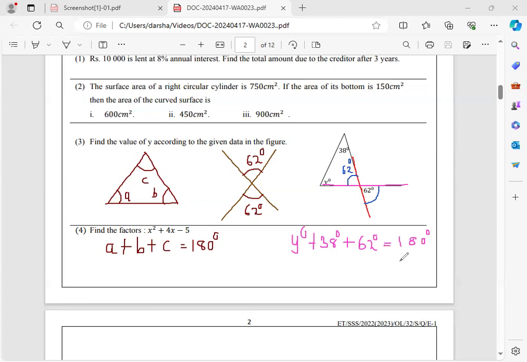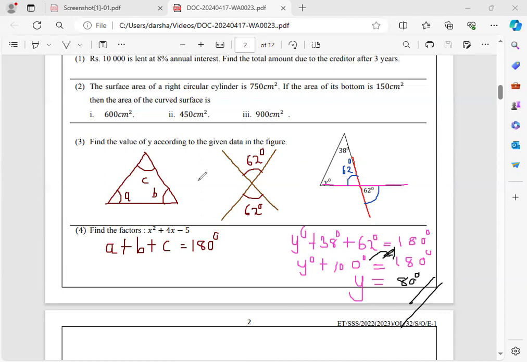The sum of the interior angles of a triangle is 180. Therefore, y degrees plus, adding these two, we get 100 degrees. y degrees plus 100 degrees is equivalent to 180 degrees. Therefore, y is equivalent to how much? From 180, deduct 100. That is 80. Therefore, the value of y is 80 degrees.